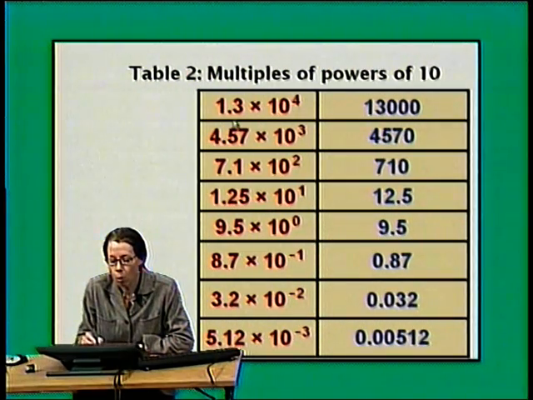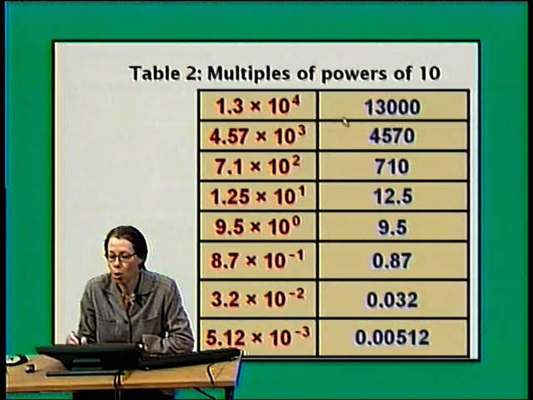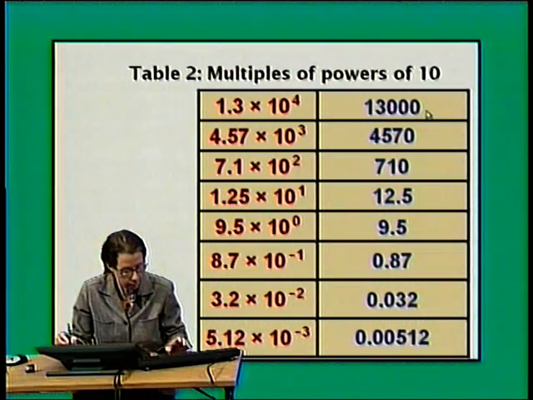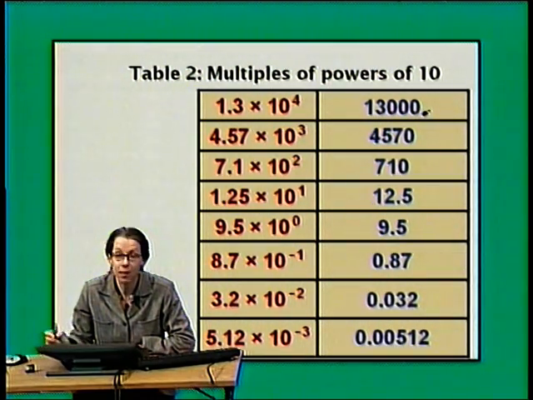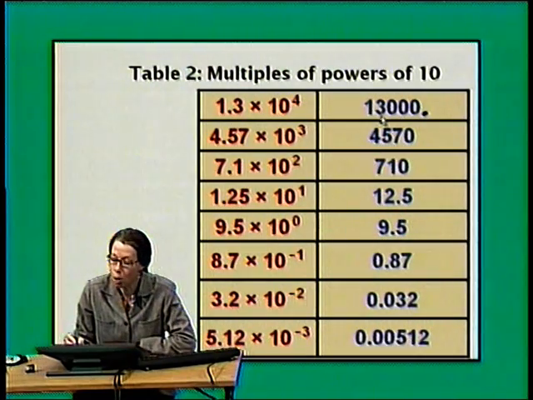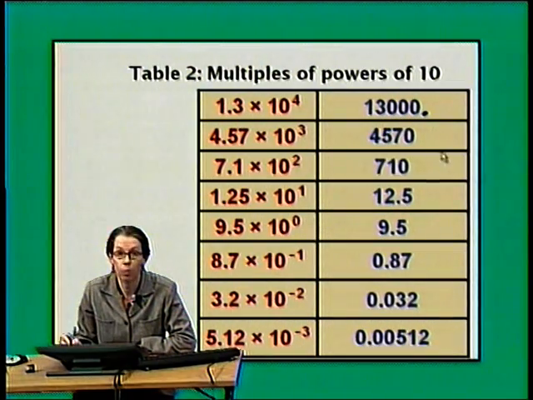When I have 1.3 and I multiply it by 10 to the 4th, where's the decimal point in this expression 13,000? Well, it's implied that the decimal point is here at the end of the number. So what's happened to the decimal point is the decimal point in 1.3 has moved 1, 2, 3, 4 units to the right.